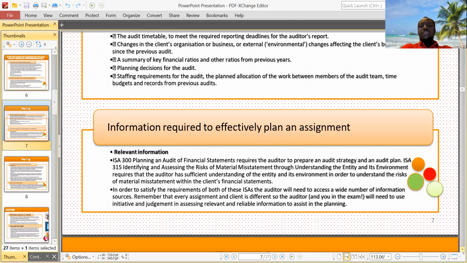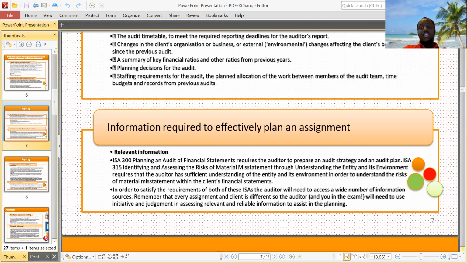Now let's talk about the information that is required to effectively plan an assignment. This information certainly has to be relevant. Now, ISA 300, which is the International Standard on Auditing 300, which is planning an audit of financial statements, requires the auditor to prepare an audit strategy and an audit plan. So I needed to bring that to light.